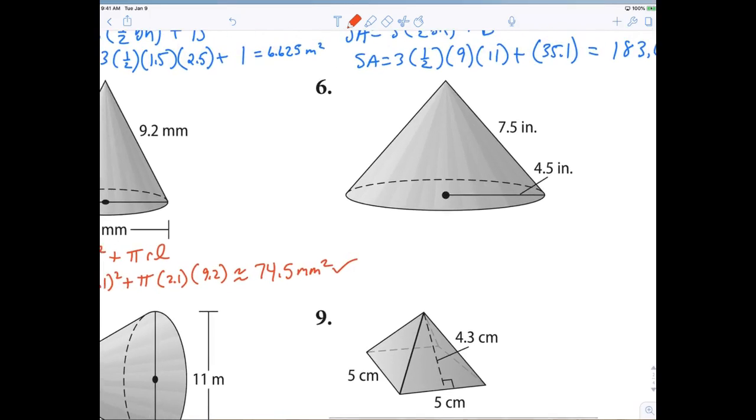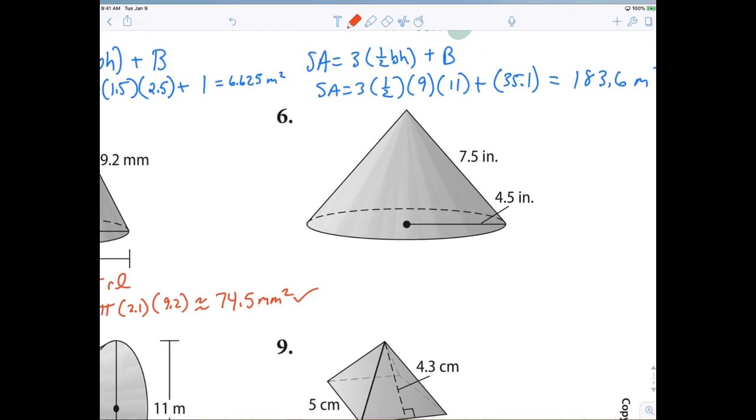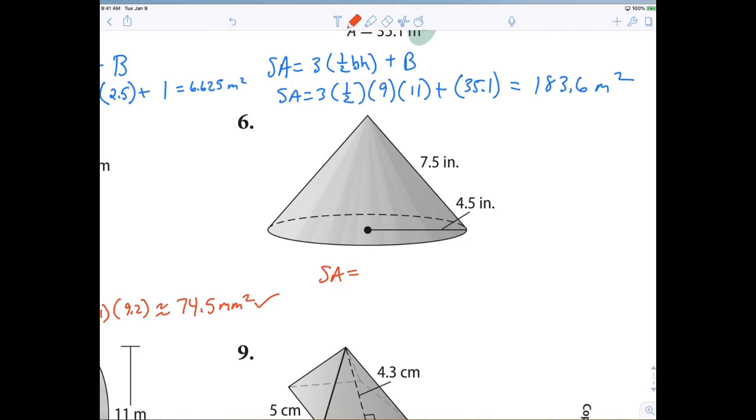So here we go. Question number 6 now. For question number 6, surface area. Somebody tell me the formula without looking. Pi r squared plus pi r l. Yeah.